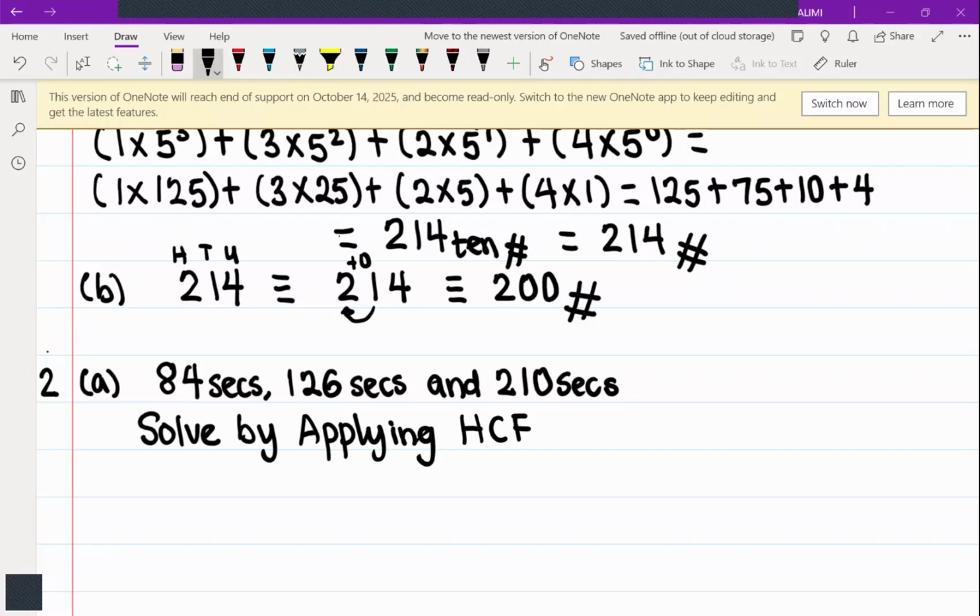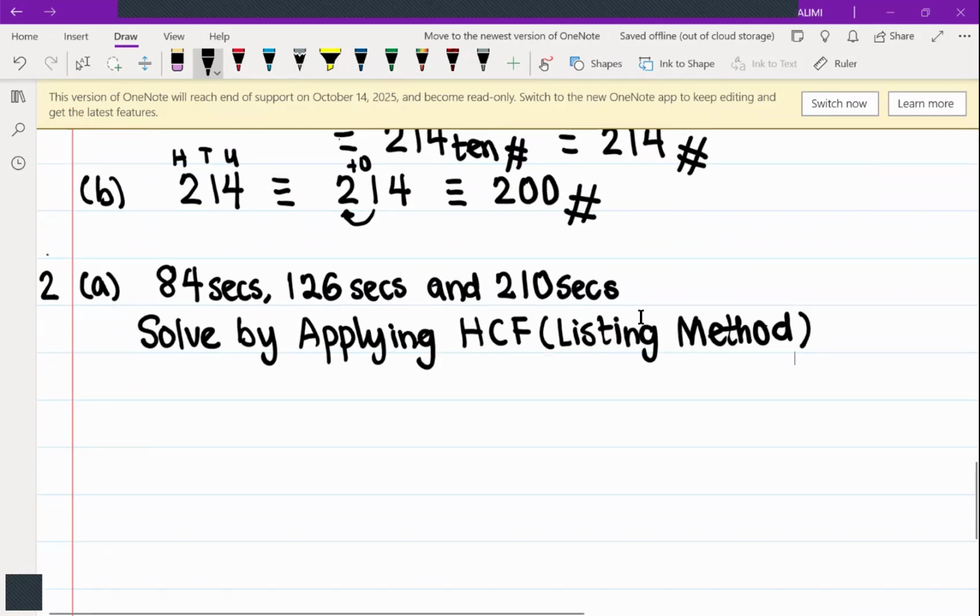And which particular method are we using? We are using the listing method. So what do we do here now? We write 84, we write 126, and we write 210, and we list the factors of 84, 126, and 210.